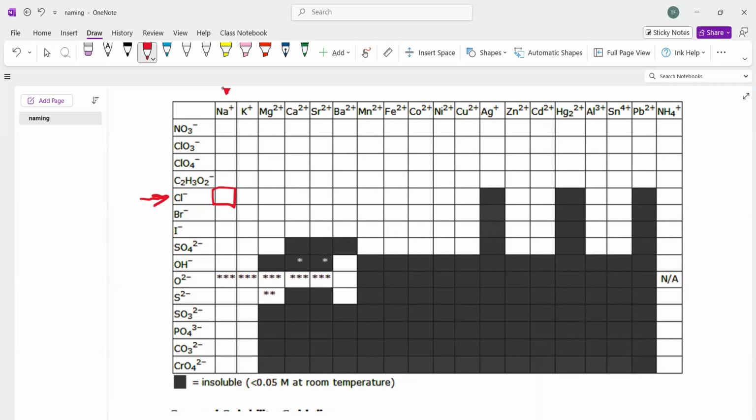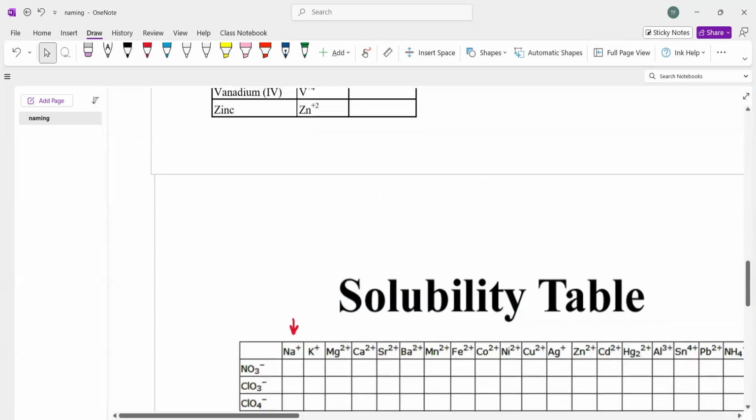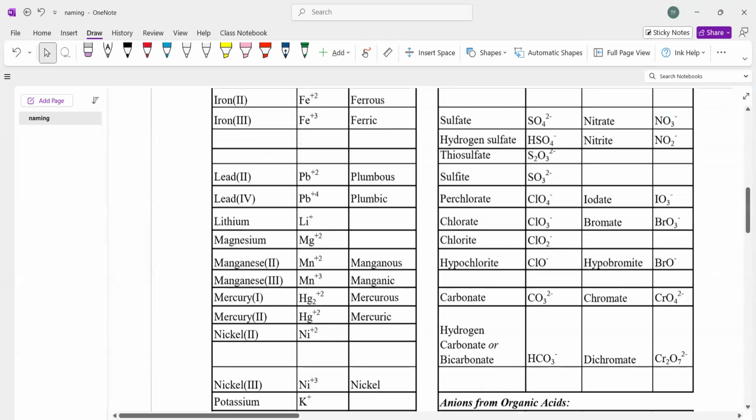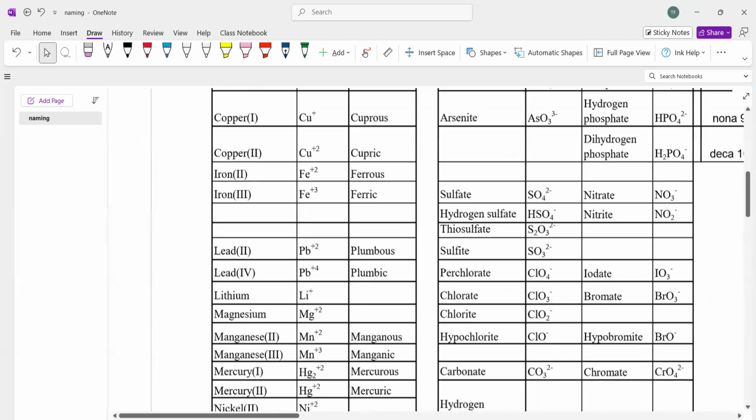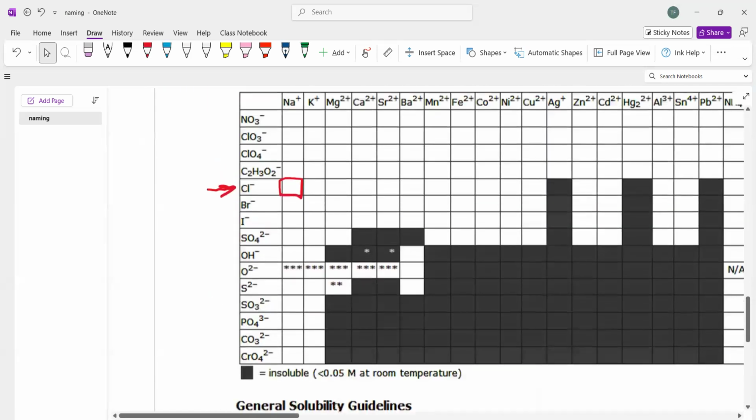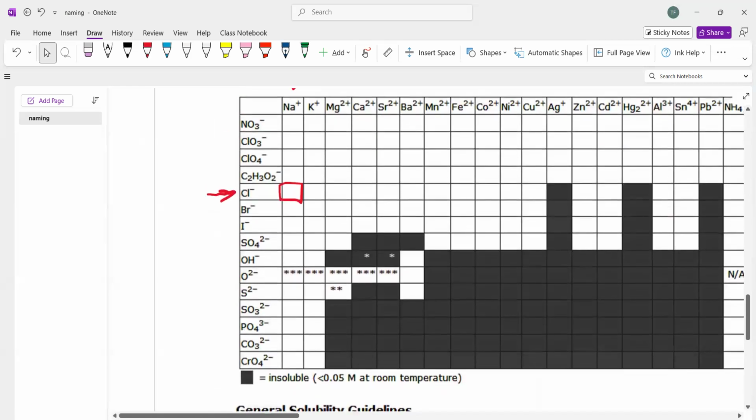Okay, so let's move over to our aluminum. Aluminum was aluminum chloride, right? Okay, so let's find aluminum. Aluminum is over here. So aluminum is fairly soluble until we get down to here.